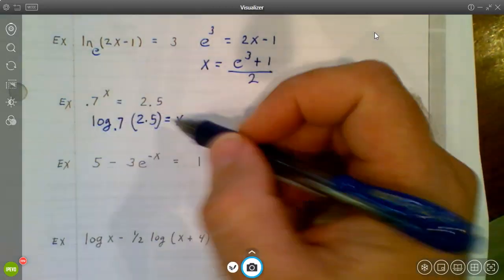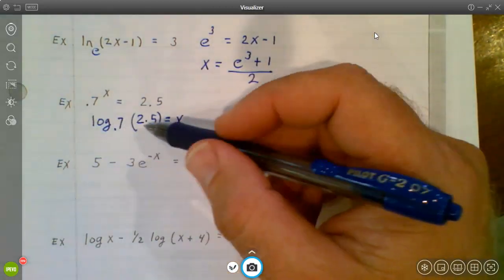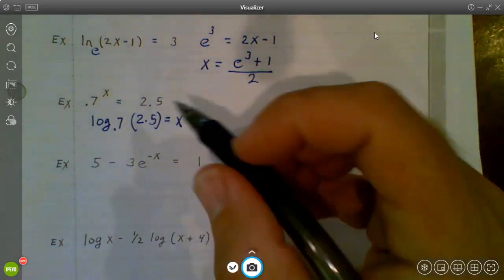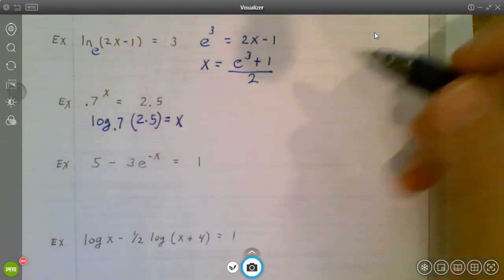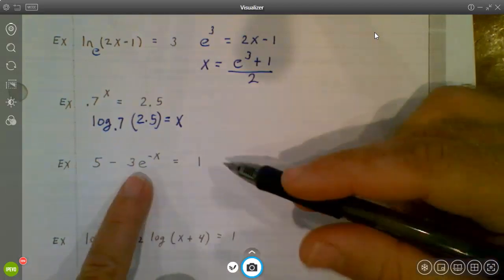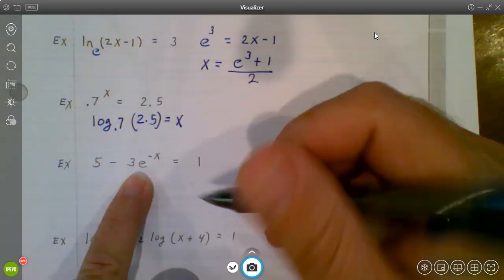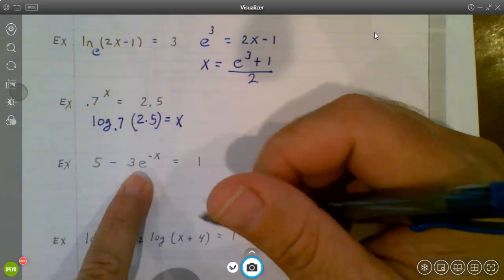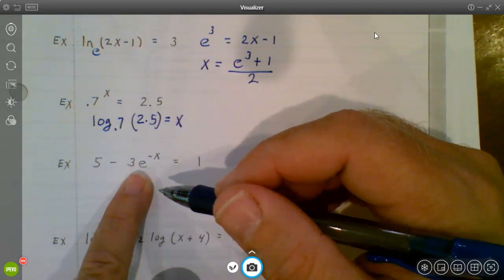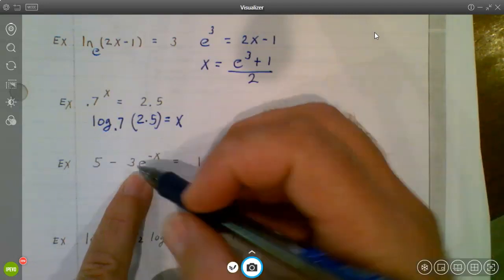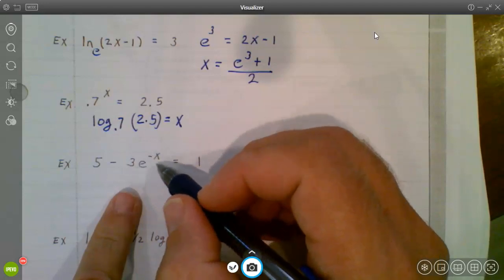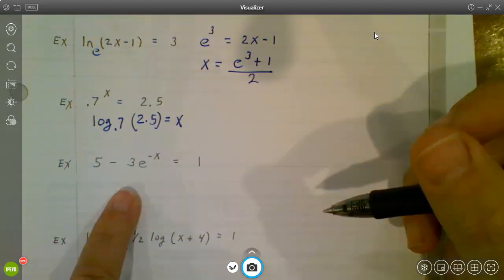And so from here, this is as far as you're going to go without a calculator. If you want to put this as a decimal, you would simply have to type this into your calculator to get the decimal version for x. Similar thing on this guy. The only difference is before I convert to log form, I need to simplify everything that I can do first. So the general rule is you want to isolate the term with the exponent before you change it into log form.